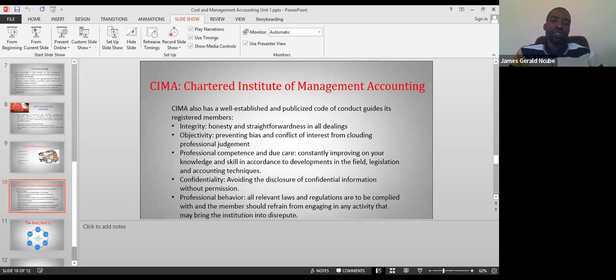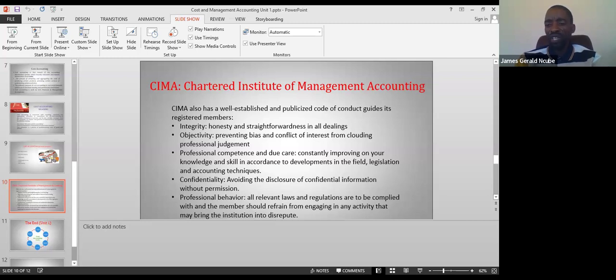The Chartered Institute of Management Accounting is an institute for management accountants, normally known by the acronym CIMA. It has a well-established and publicized code of conduct, which guides its registered members.